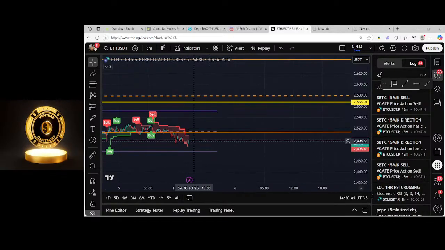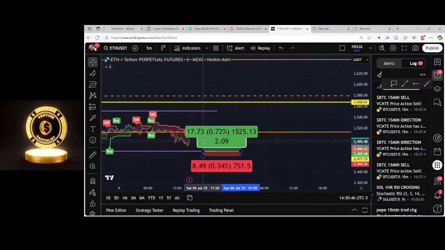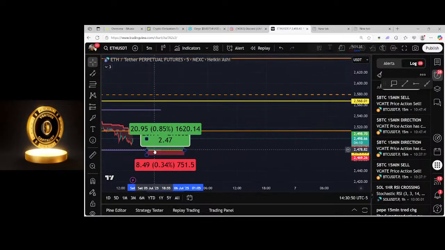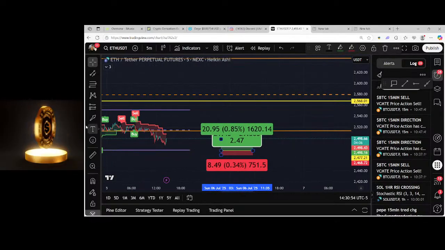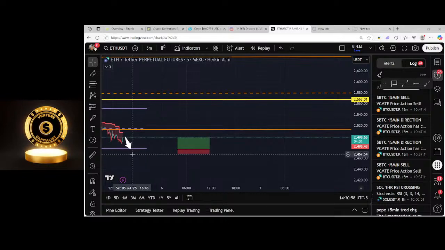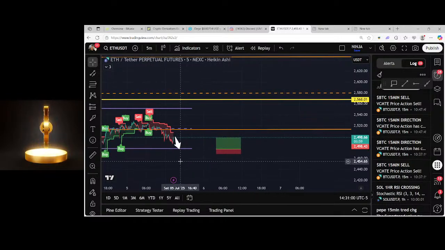From where you're currently entering, we can measure a long position, and if you entered right here, you'd be sitting at a 0.85. So let's just say 1% of a possible move from where Ethereum is right now back down would create a 1% move.